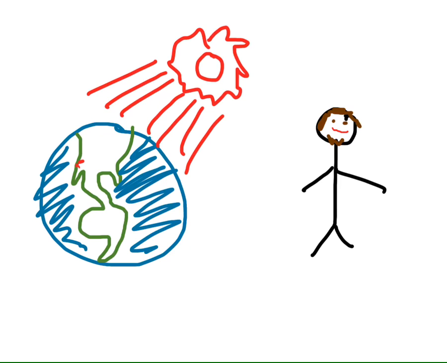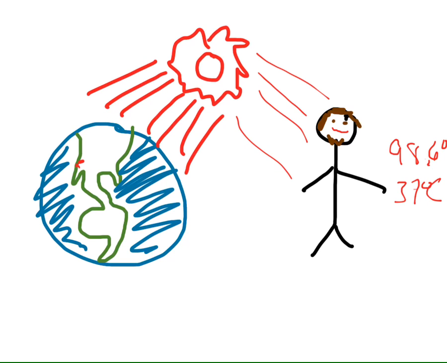There we go. So the sun is beating down on my body all day long. Rarely, though, obviously, because I'm very pale. But it does beat down on my body. And our bodies are mostly water, right? So for an average person, our body temperature is 98.6 degrees Fahrenheit, or about 37 degrees Celsius.